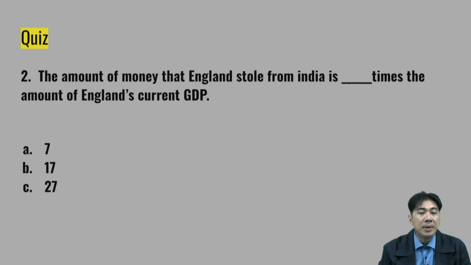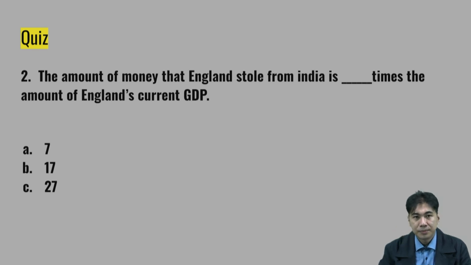The amount of money that England stole from India is blank times the amount of England's current GDP. Okay? What is it? A, 7 times, B, 17 times, or C, 27 times.